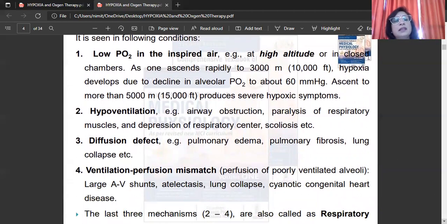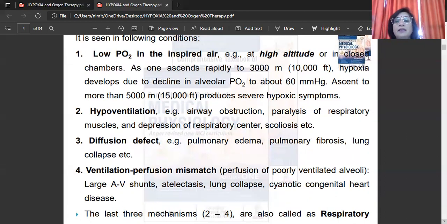Now, these conditions are seen in the following situations. One, low PO2 in the inspired air. When will we get low PO2 when we are inspiring air?